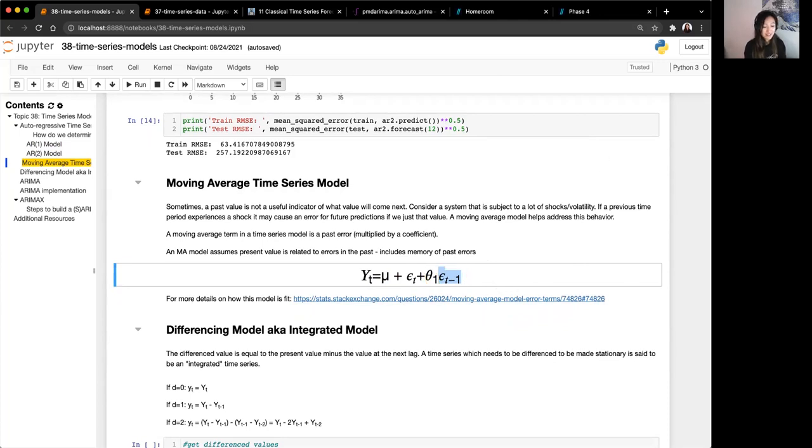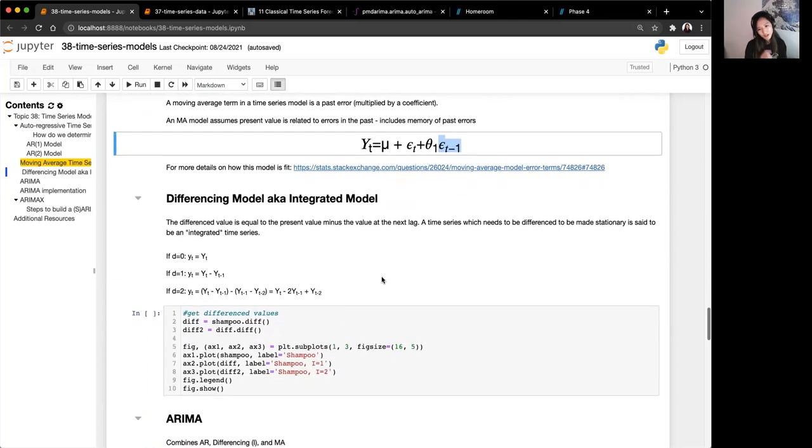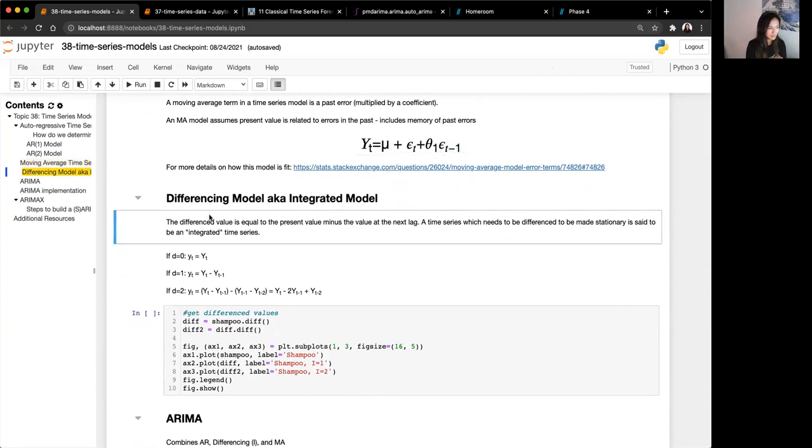All right, since these models are modular, we can also talk about differencing real quick. So we talked about what differencing does. Differencing helps your data to achieve stationarity, because stationarity is one of the assumptions for using any of these linear time series models. We know what differencing is from yesterday, but just to recap, the difference value is equal to the present value minus the value at the previous lag.